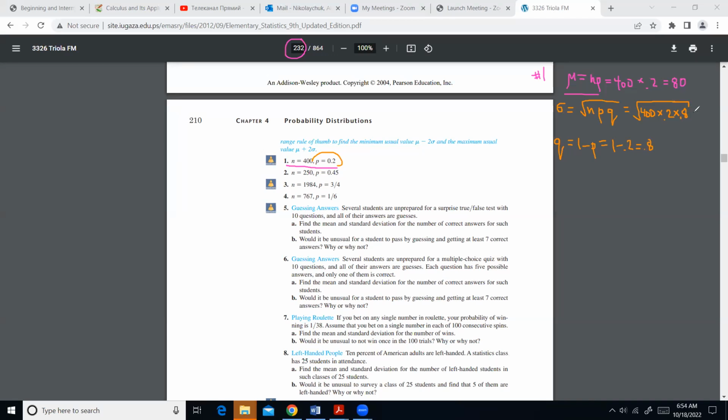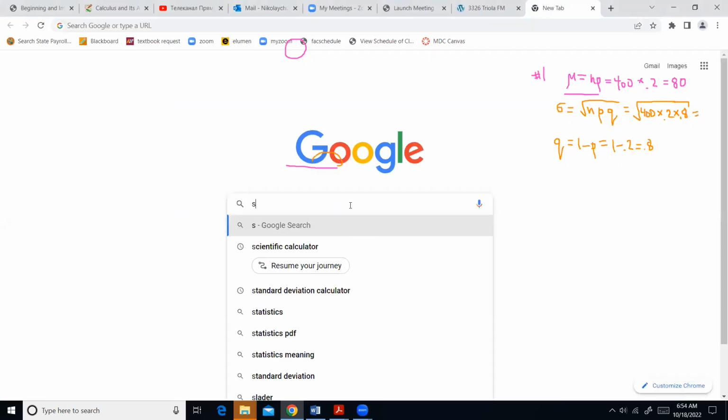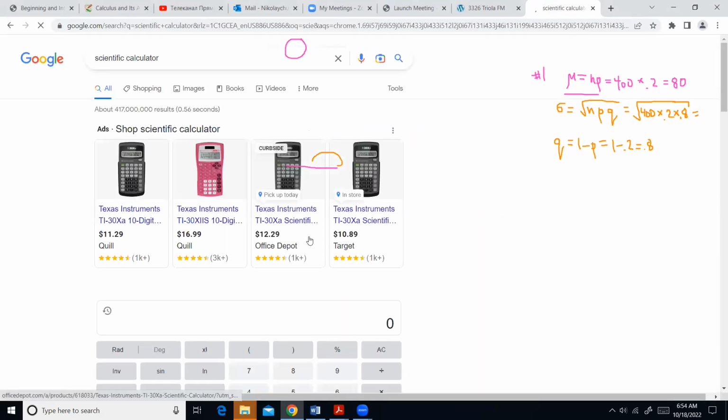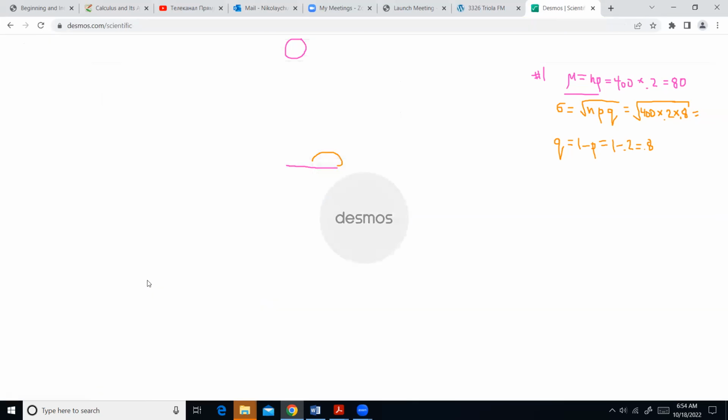And use a calculator, of course, because a calculator is definitely needed here. So how to use a calculator? We'll type scientific calculator. Once you start typing it, after all these advertisements, the very first choice, Desmos, is here.